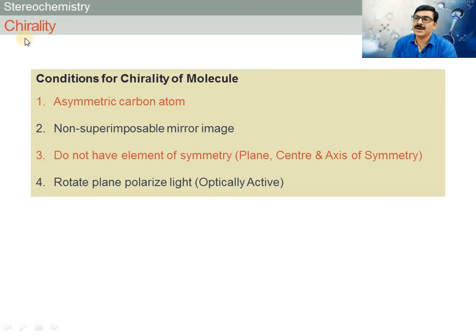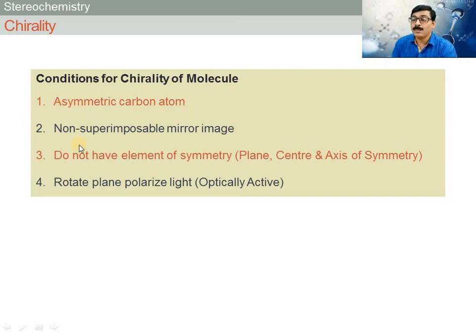Chirality is the condition of a chiral molecule, and those molecules which satisfy some conditions show chirality. So which are these conditions for chirality of a molecule? Now the first condition is that such a molecule contains an asymmetric carbon atom, then it is chiral.